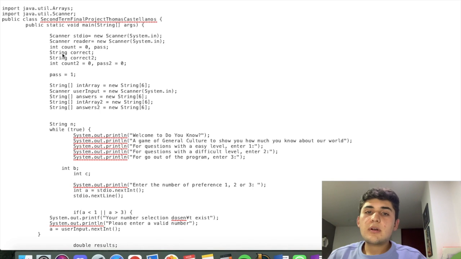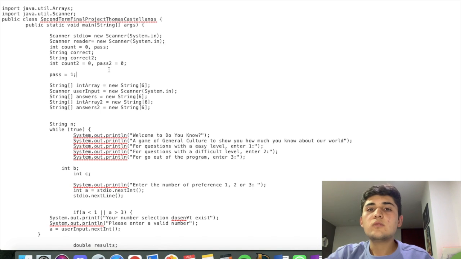So the variables I used were the int string, which is for case one, the easy questions. I also used an int array 2, which is for the questions in the second case, the hard ones. I also used answer and answer 2, for the answers of case 1 and 2.